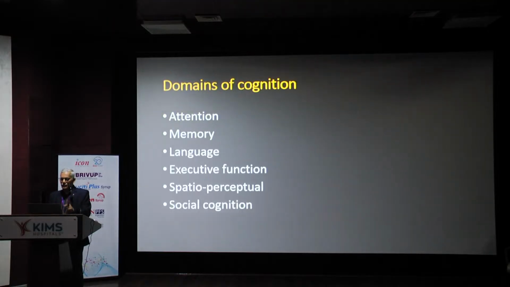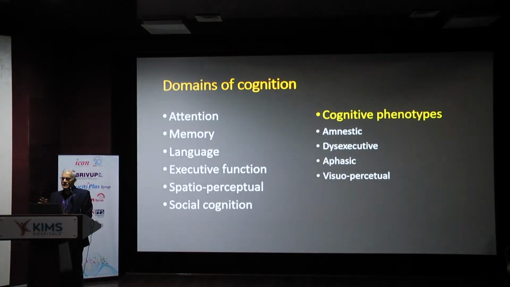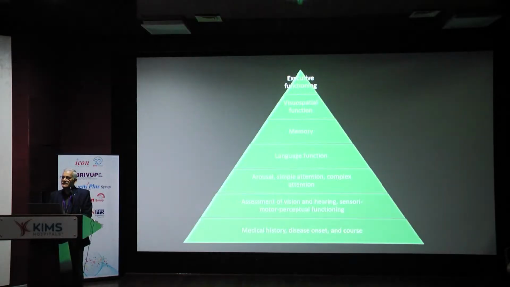Then there are several domains of cognition, Sandeep has already told, but we divide them into cognitive phenotypes, whether the patient has primarily amnestic phenotype or the executive phenotype, or a language problem or the visual perceptual problem. And while testing, you have to have a hierarchy. Don't go to the visual spatial directly. Although the smaller cognitive assessment tools have a clock drawing test, in our cultural setting it is very difficult.